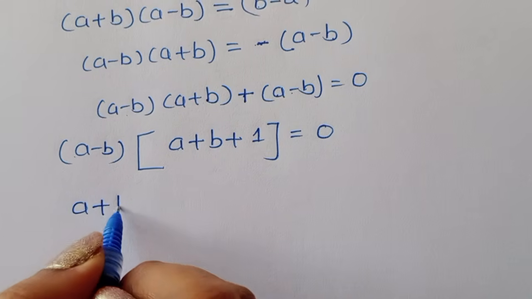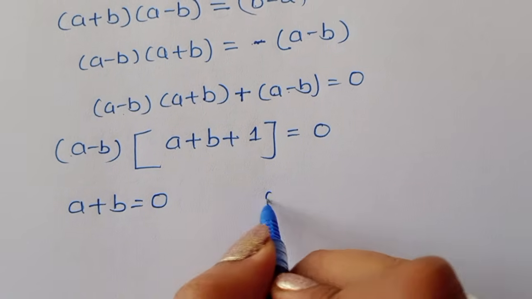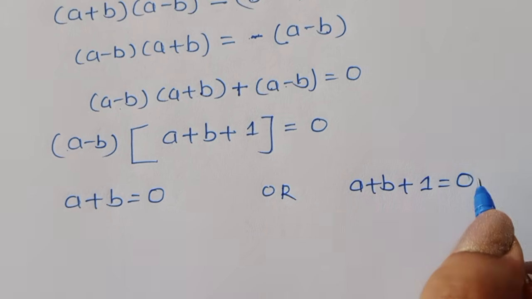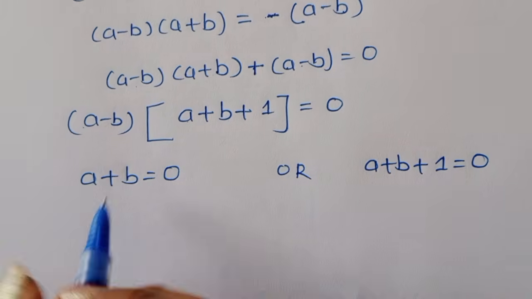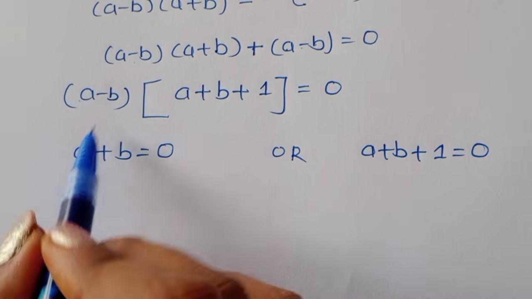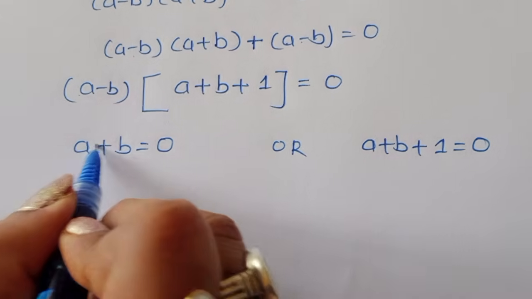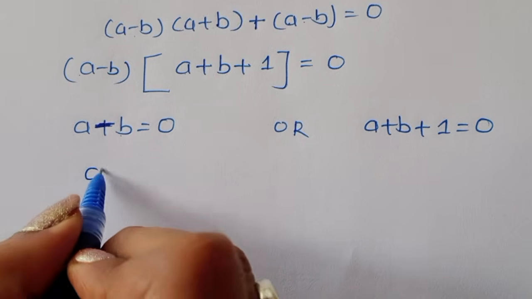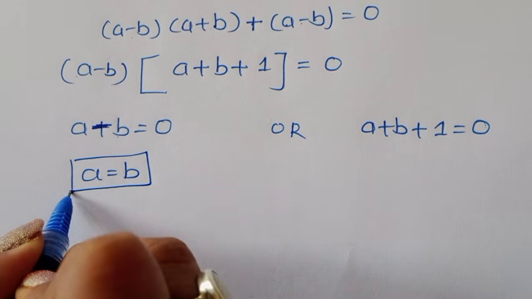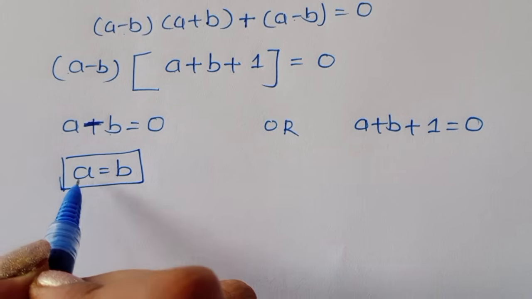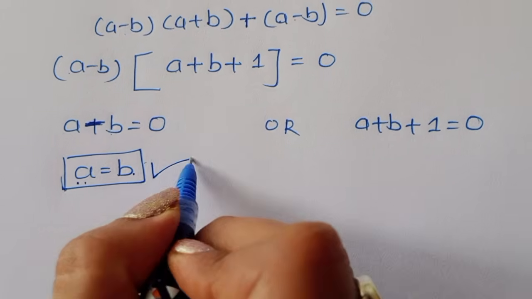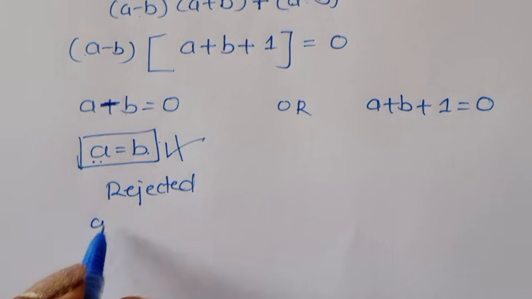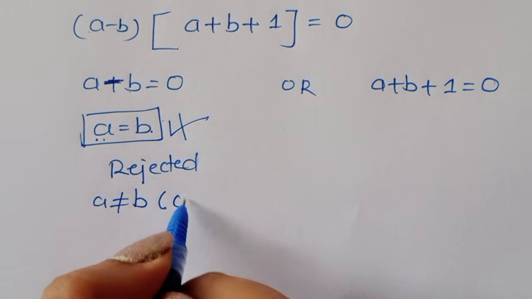If a minus b equal to 0, then we can say a is equal to b, but the already given condition is that a is not equal to b, so this is rejected because a is not equal to b. This is given in the condition.